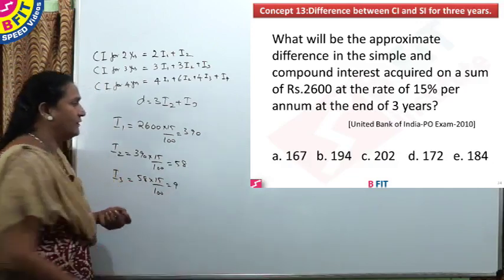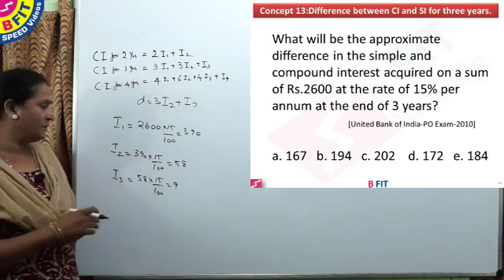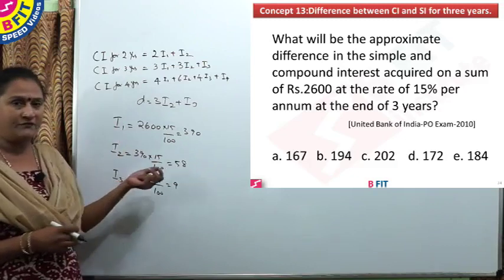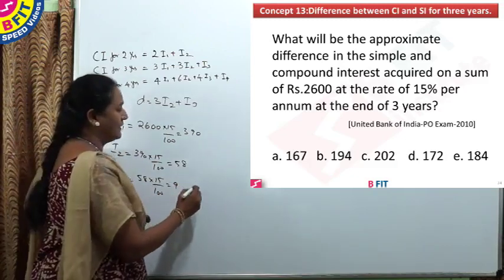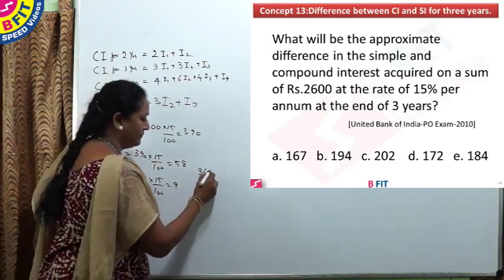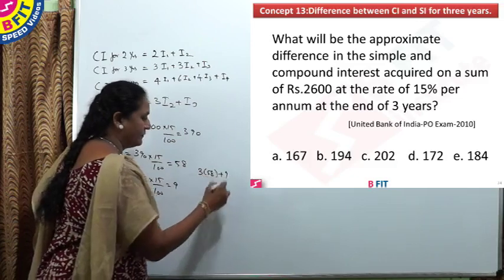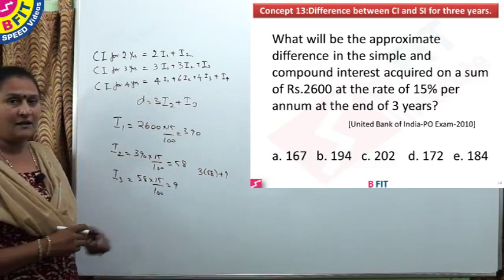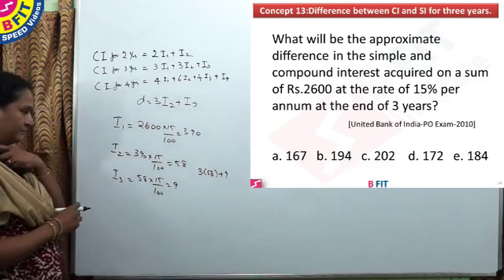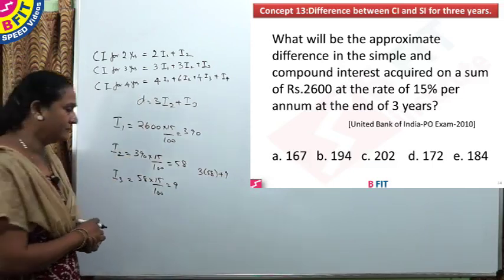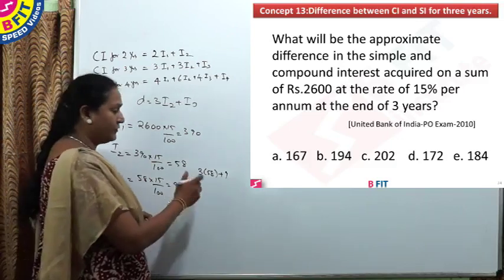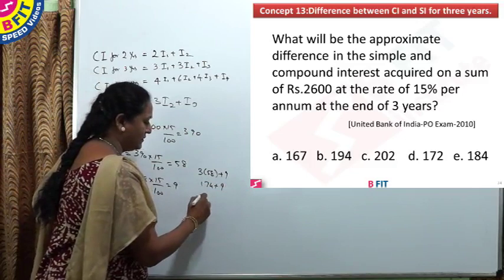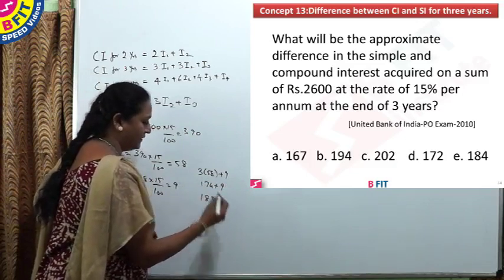Now what will be the difference between compound interest and simple interest? 3I2 plus I3. We have found I2 as 58. So multiply 3 into 58 plus I3, 9. 3 into 58 is 174 plus 9, so we get 183.